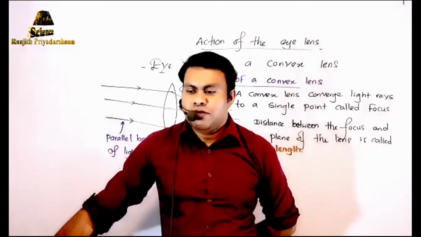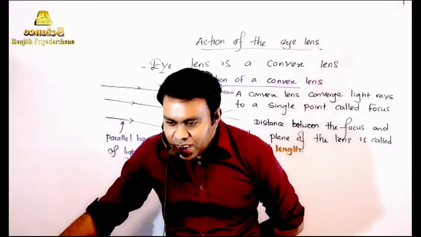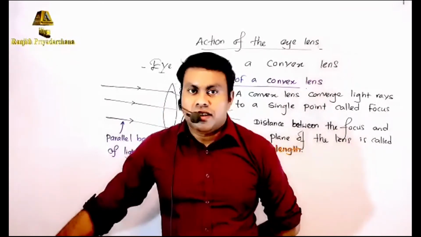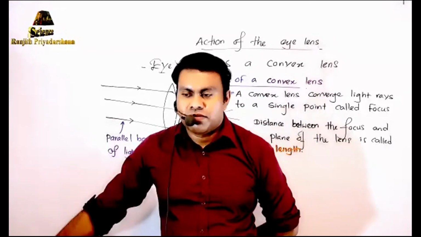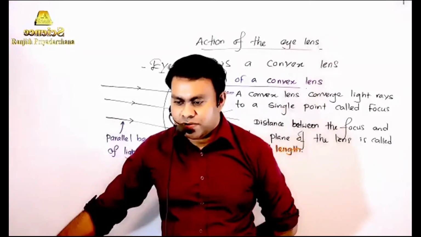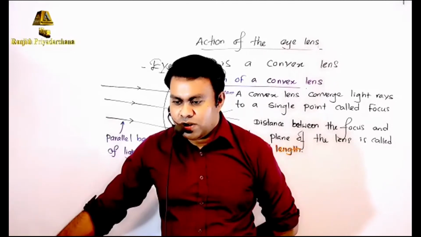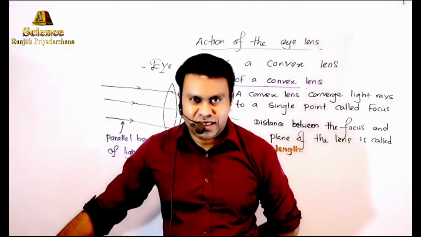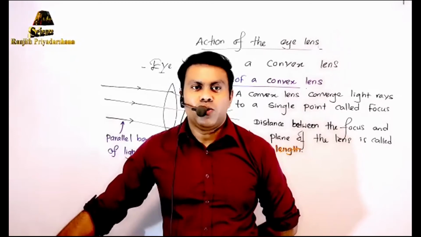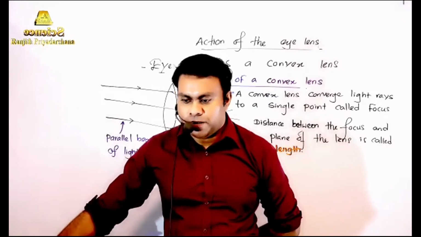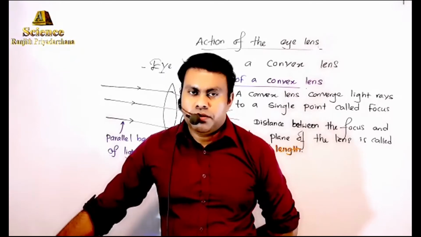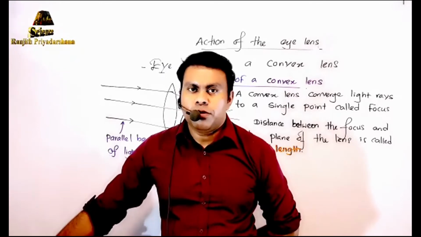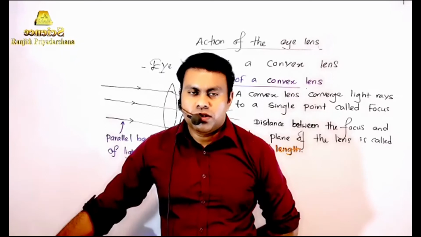Do not look directly at the sun. It burns your eye. In the evening, that means the red color is dominant. It doesn't matter, but it's very harmful if you observe.